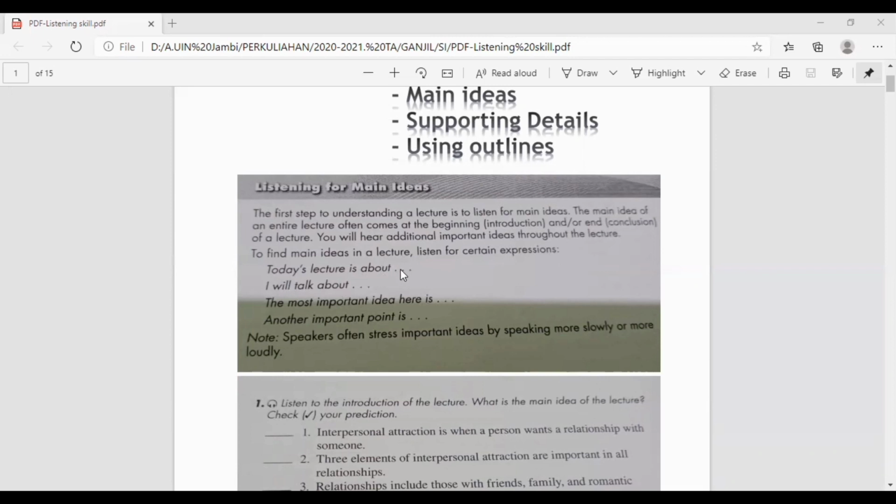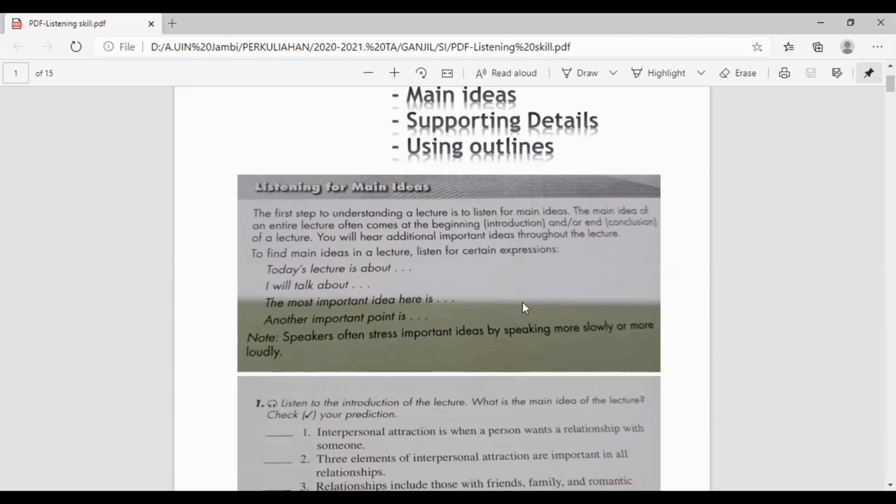That's the key point of a talk. Or "I will talk about...", or "The most important idea here is...", or "Another important point is...". Normally the speaker will start the talk or lecture with these phrases.